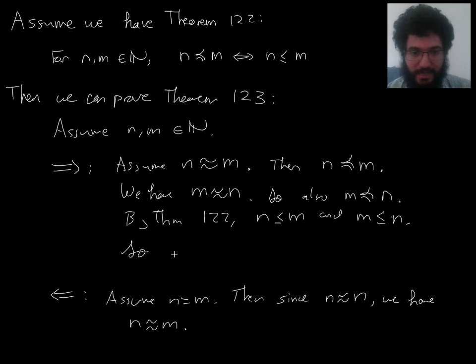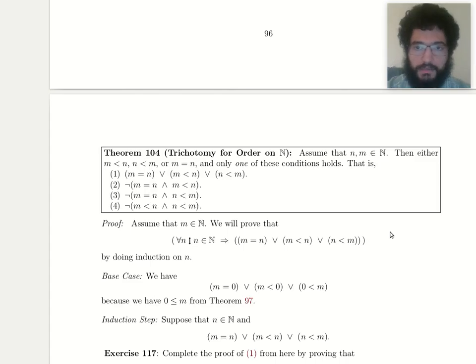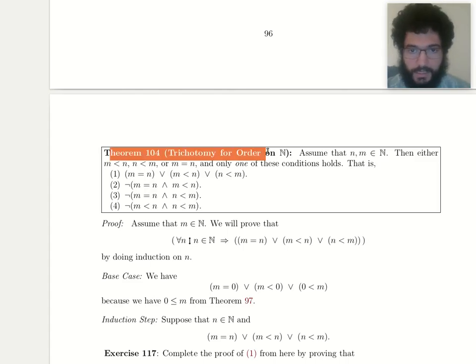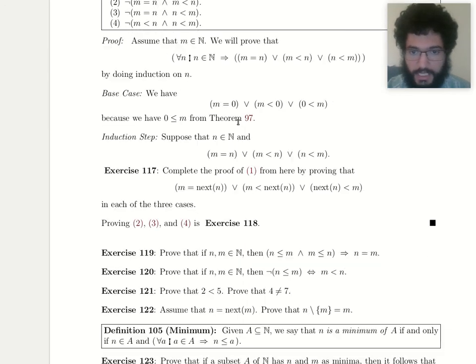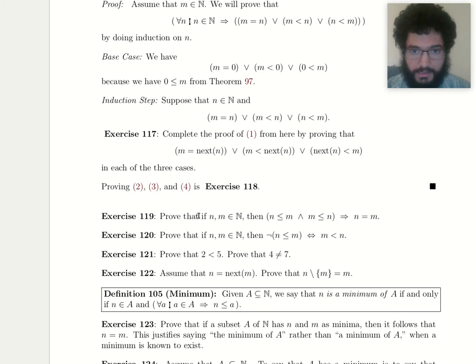So n equals m. Where am I getting that? It is a consequence of the trichotomy law for the ordering on the natural numbers, and I think I put it into an exercise here, exercise 119. If you have inequalities like this going both ways, then you have equality.